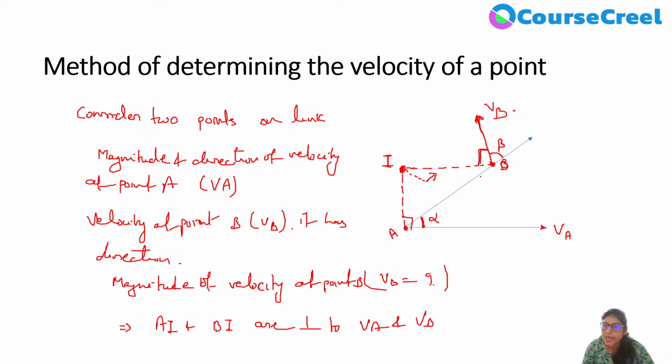It means A and B will not have any relative motion with respect to each other. तो A और B एक दूसरे के अबाउट कोई मूवमेंट नहीं करेंगे. They can move in different directions with respect to others, but they will not move with respect to each other. मतलब A और B दोनों एक ही rigid link पर हैं, so they will not have any kind of relative motion.